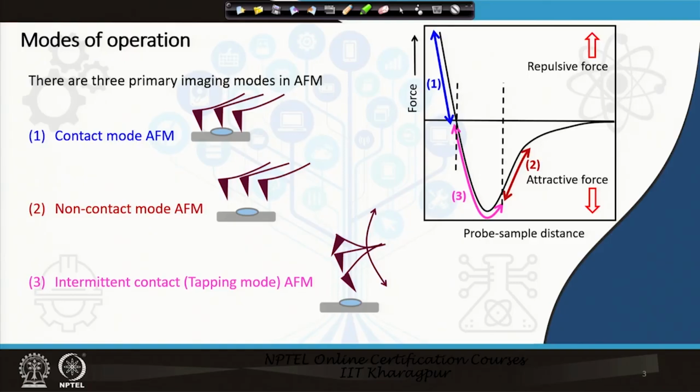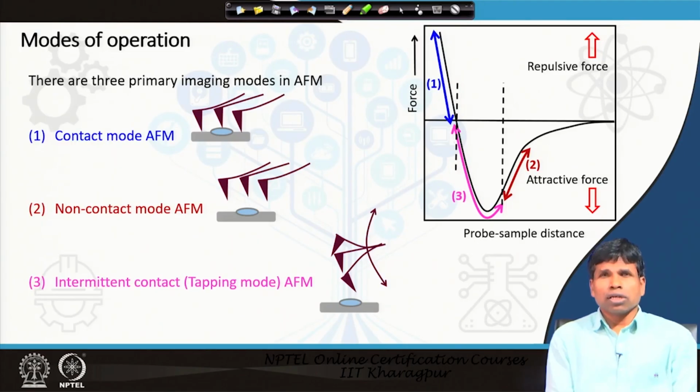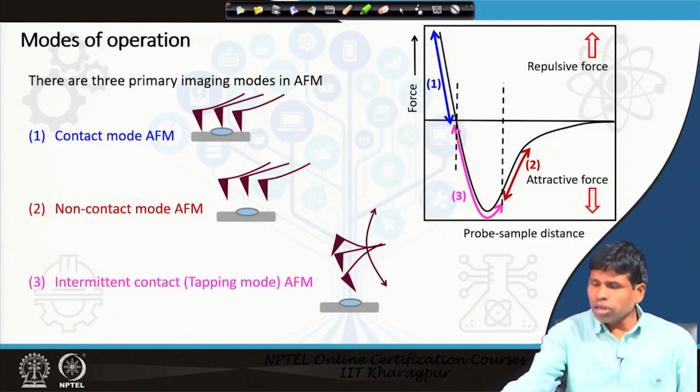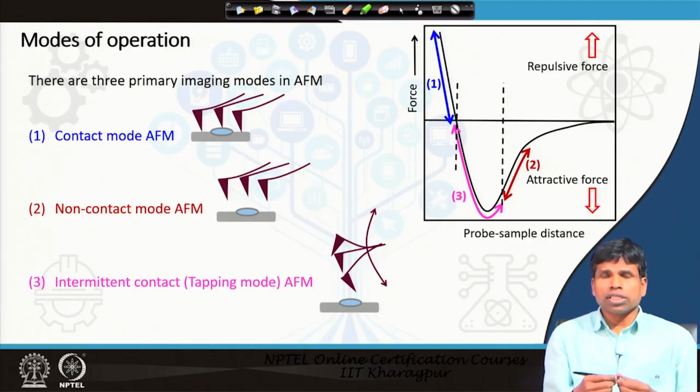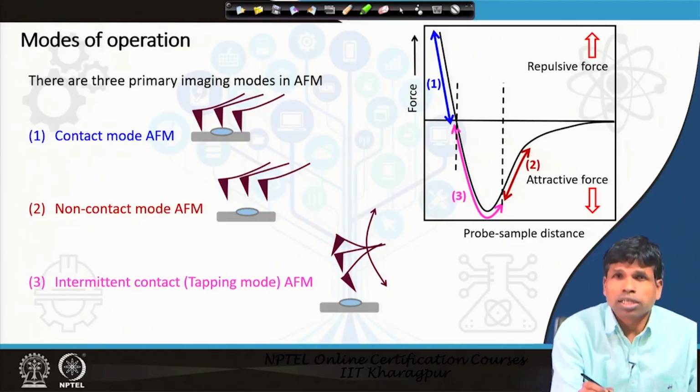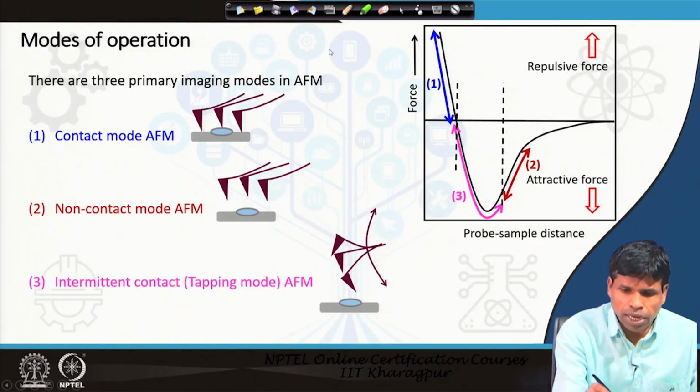So, the contact mode operates when the tip and sample are in contact with each other. The distance between tip and sample is very small in the contact mode, less than 0.5 nanometer.